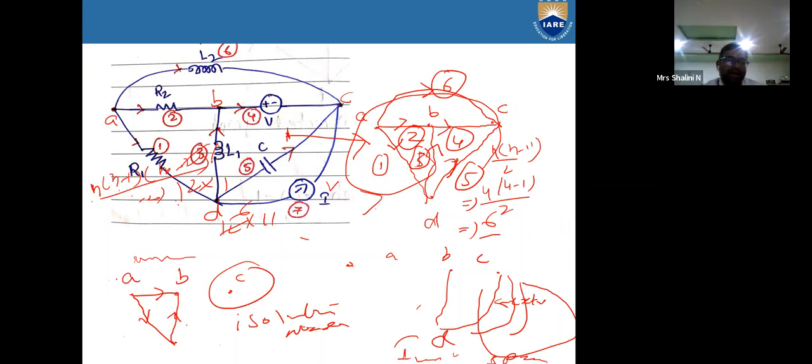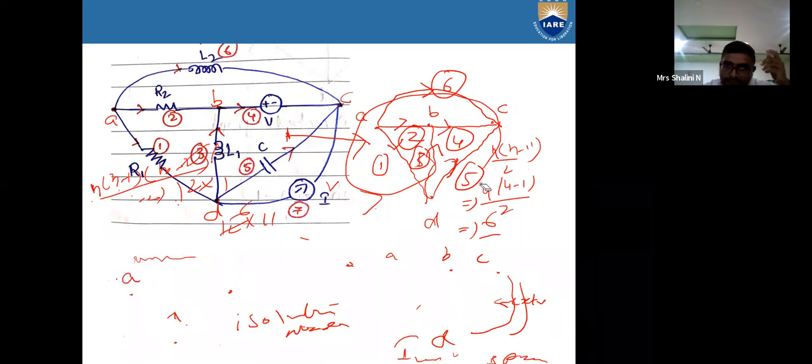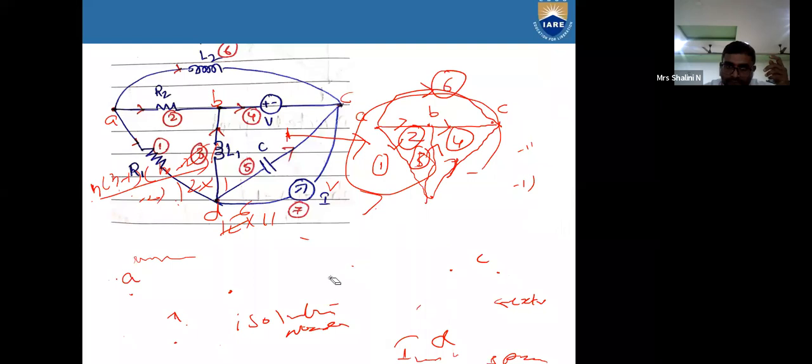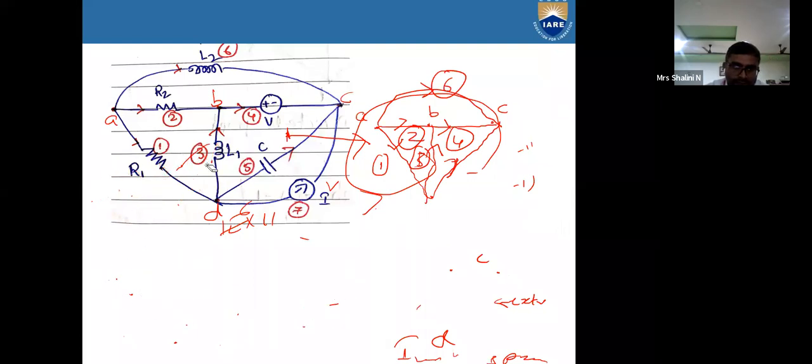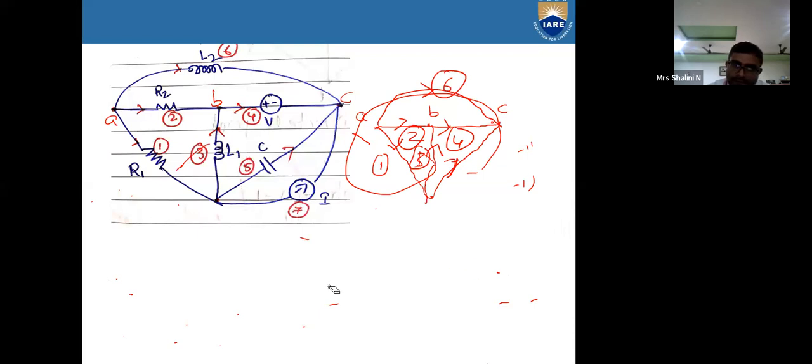Next, I am going for one more question: the number of node pair voltages.